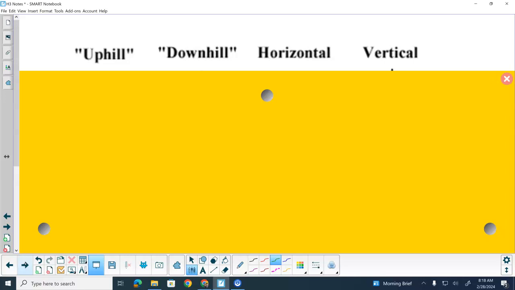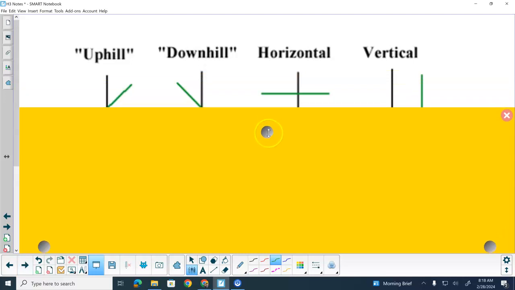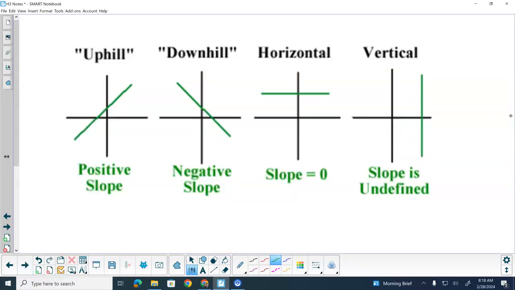Okay? So we said that we had 4 different kinds of slopes, right? We had an uphill slope or a positive slope that would go up and to the right. We had negative slopes, which go down and right.